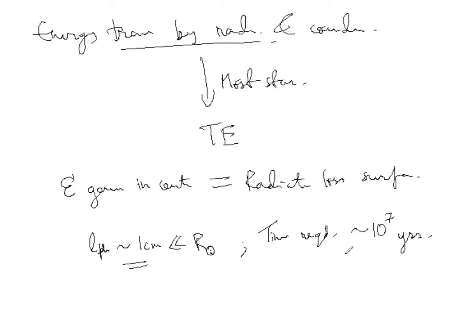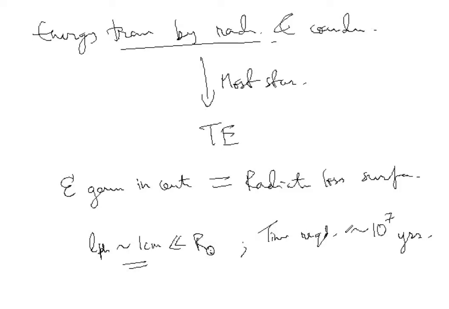Note that this is a very long time, even given the fact that photons travel at the speed of light. So what does this mean? This means that changes in the sun's luminosity will occur after millions of years.